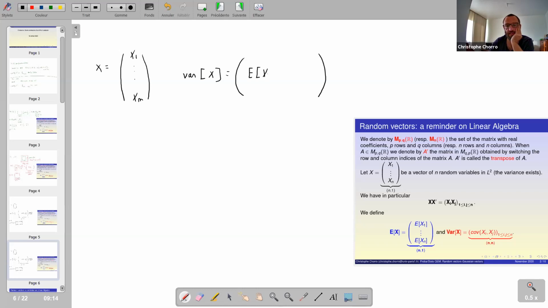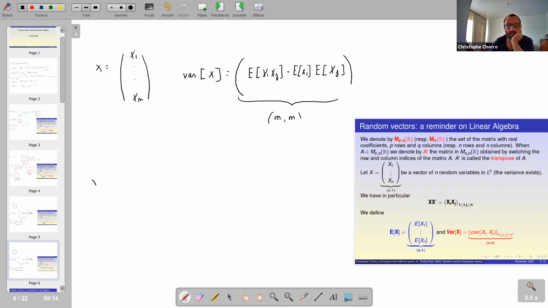So I have something like this: the expectation of the product minus the product of the expectations, with something that has a size n by n.